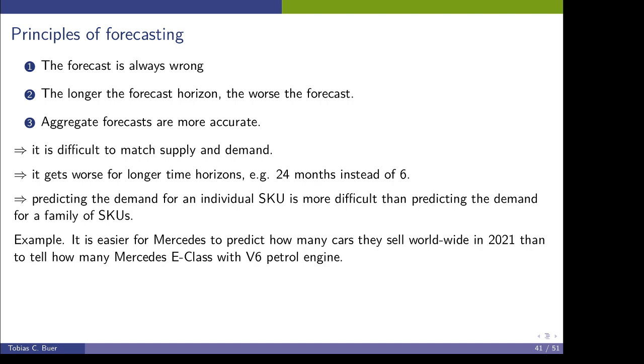For example, for Mercedes, it is typically easier and more precise to forecast how many cars they will sell in the next year, 2021. This forecast is easier because it includes all the different types of Mercedes cars that they sell all over the world. It is easier than picking one specific Mercedes car like the E-Class with a certain engine and forecasting for this car with this configuration and engine.